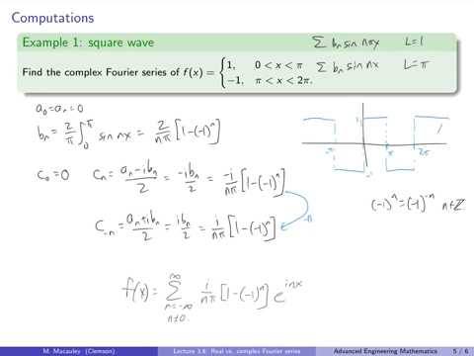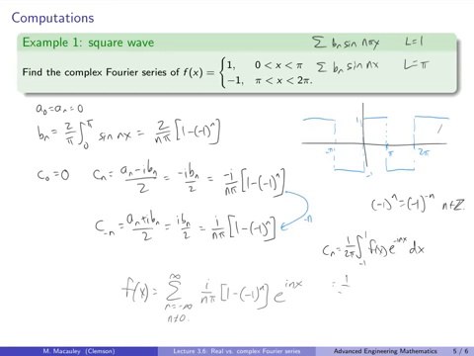To summarize what we've done, if you remember the previous lecture, we computed the complex Fourier coefficients of this directly. Remember, we said Cn was 1 over 2 pi times the integral from negative 1 to 1 of f of x e to the negative i n x dx. And for this, we had to break it up into two pieces.